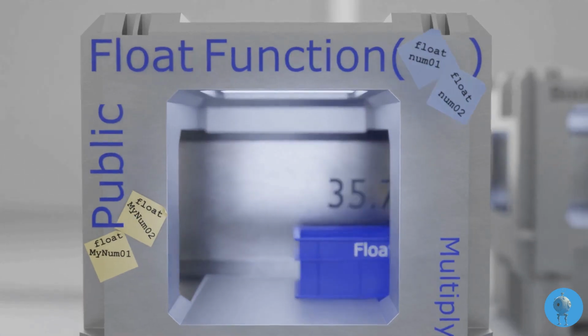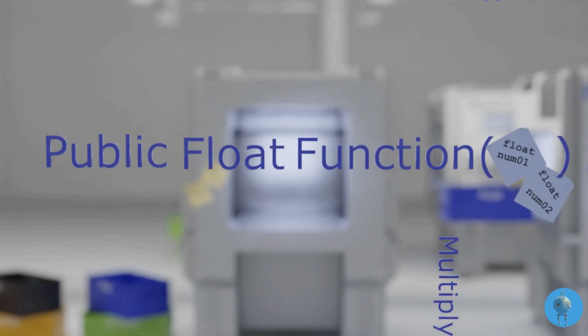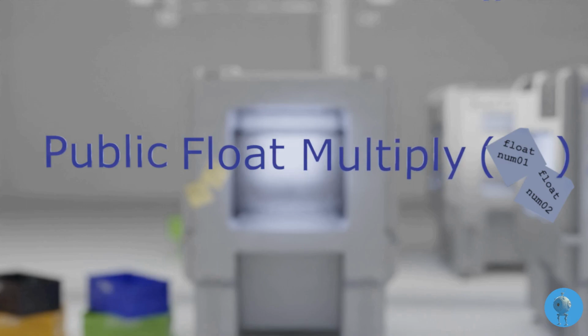We have a function, so a machine, which can be used to process floats, which everybody can use, so it's a public function. The 2 floats which are needed for the inner workings are placed between the brackets of the function, and these are called num1 and num2. But function is not really a descriptive name, so we cannot check it once we go back into the scripting. So in this case, let's call it multiply, so we can quickly see what the function does.